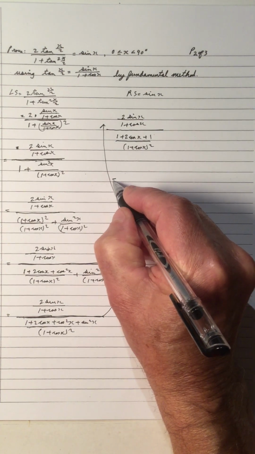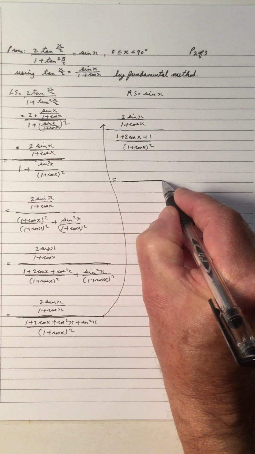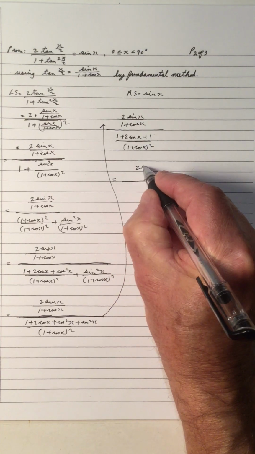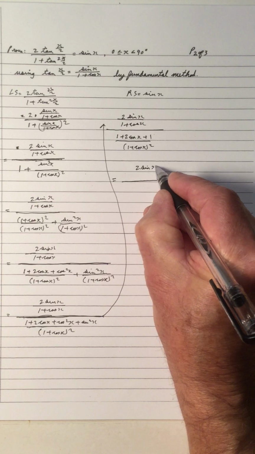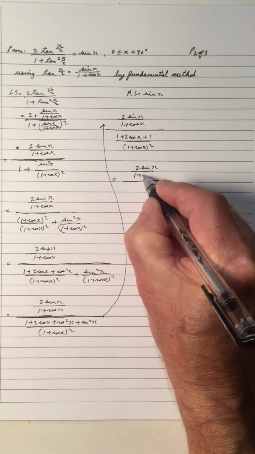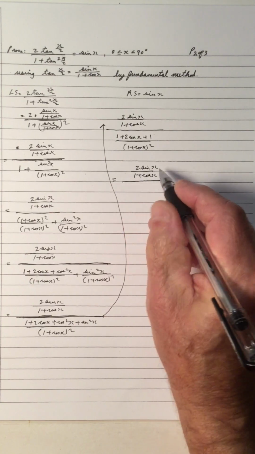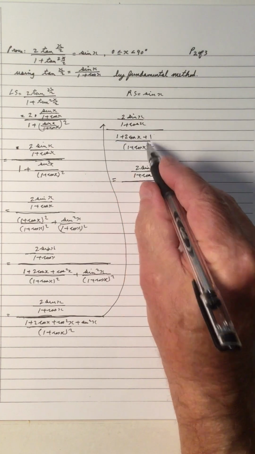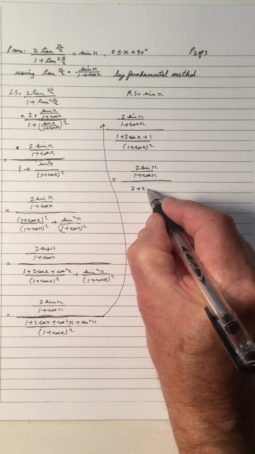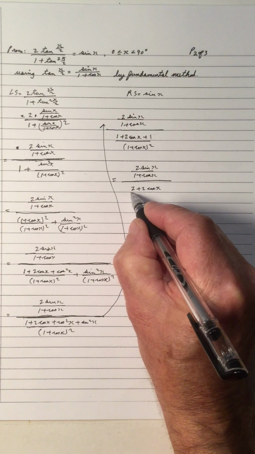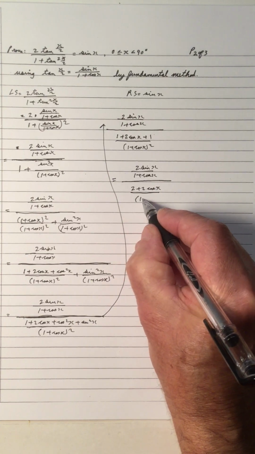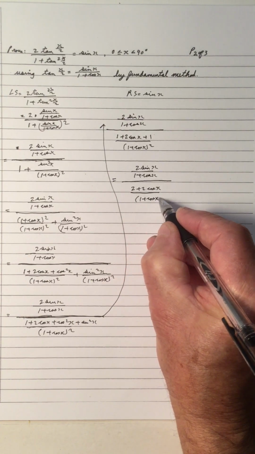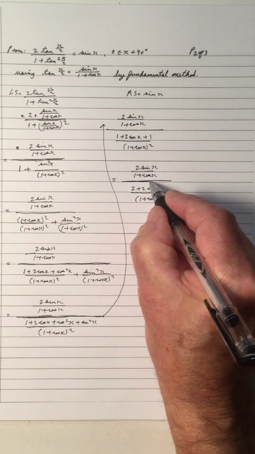Again, I'm just doing one step at a time. And 1 plus 1 is 2, so it's 2 plus 2 cos x over 1 plus cos x squared.